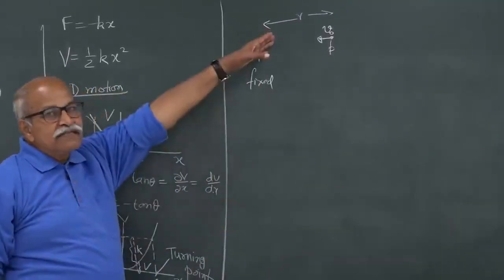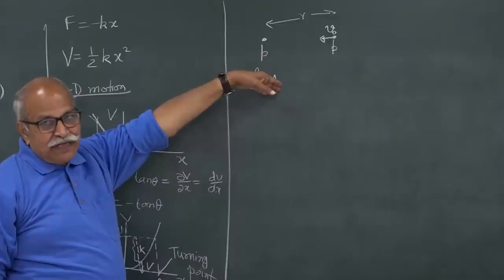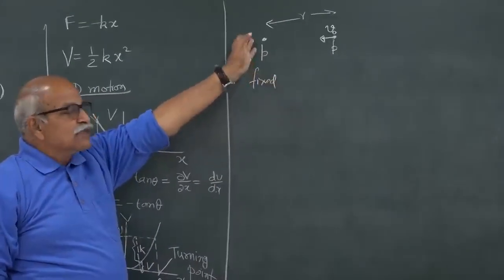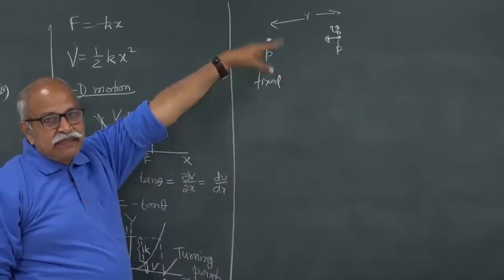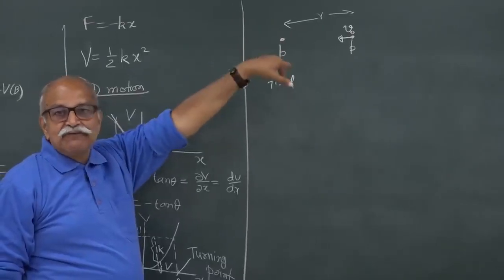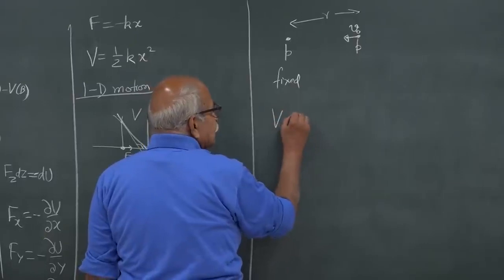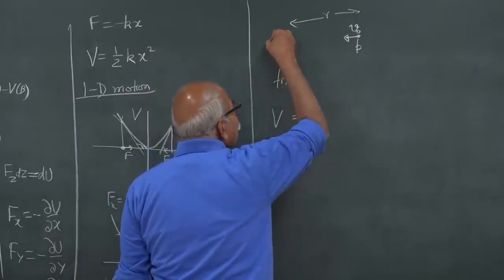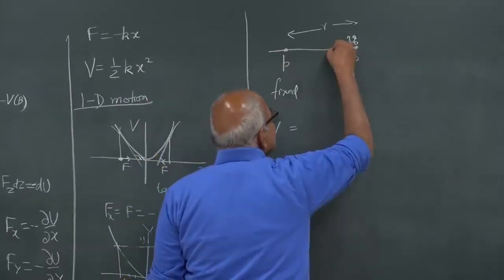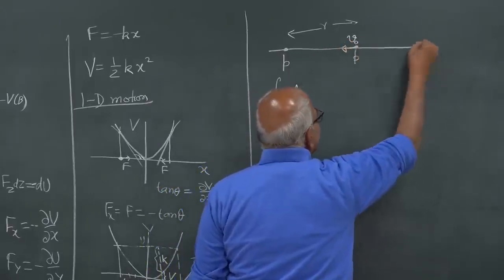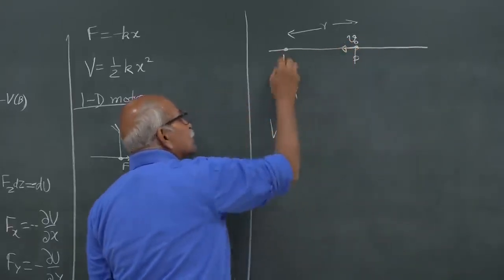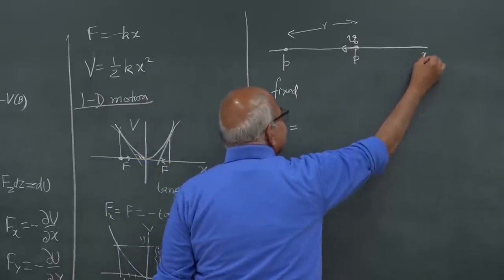As a function of distance, what is the potential energy? You know that, right? If you have two charges q1, q2, the corresponding potential energy is q1 q2 divided by 4 pi epsilon naught r. So, let me say the entire motion is on the x axis. It is heading towards this proton, and I am taking this as the x axis.